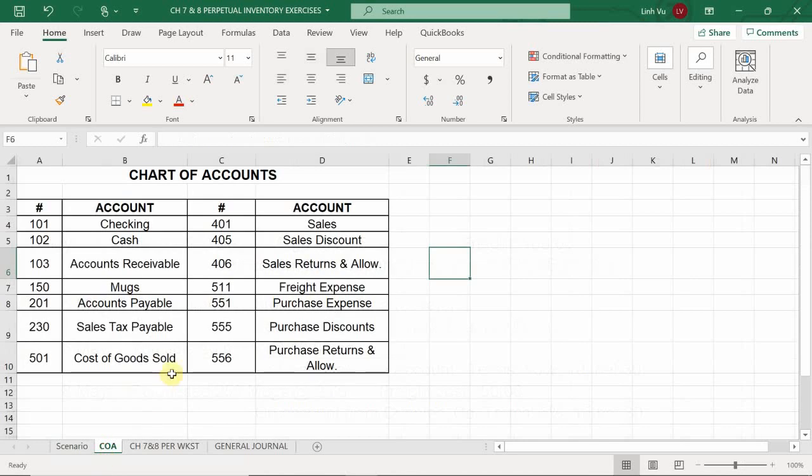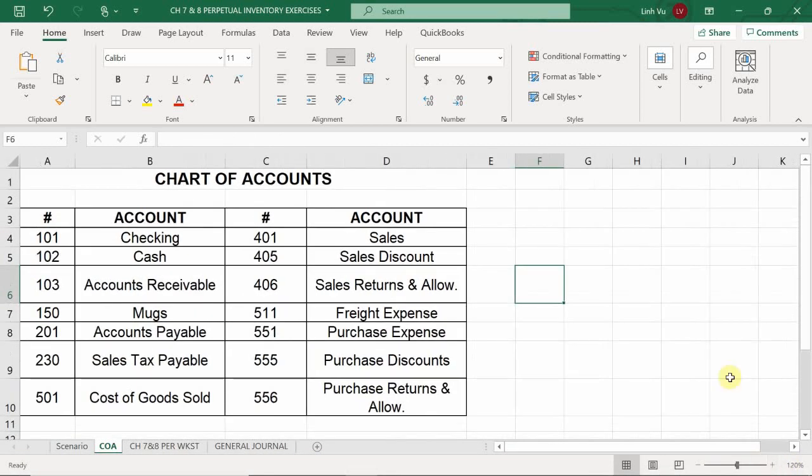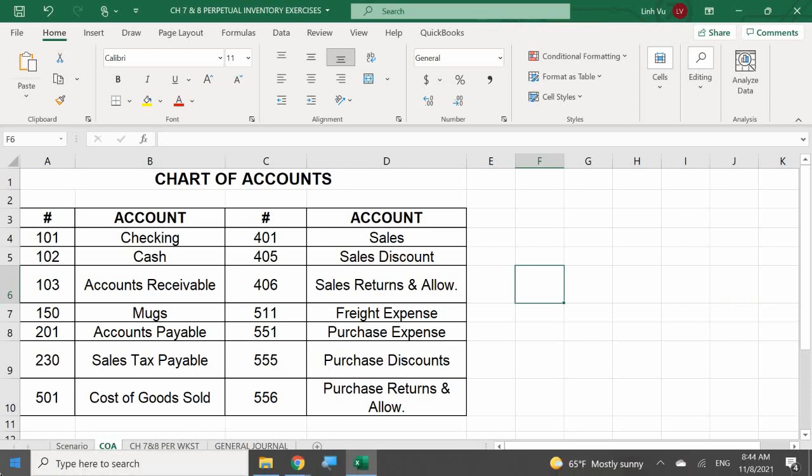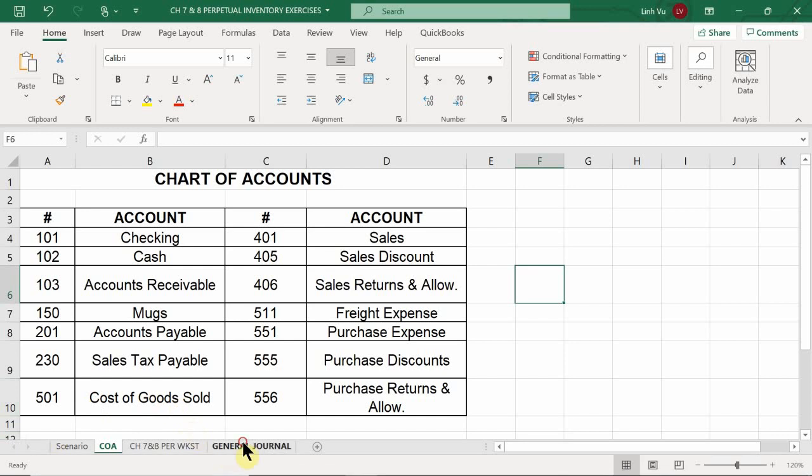So let's take a look at my chart of accounts one more time. What accounts am I going to be using for this? How do I journalize that a return has happened? By just using accounts payable and mugs. Good, right? Once we put it into inventory, the only option we have is to take it directly out from inventory.